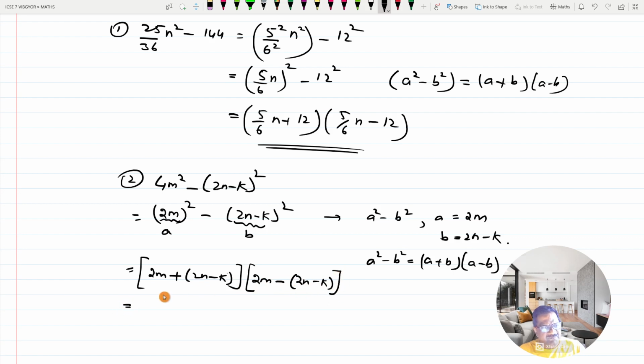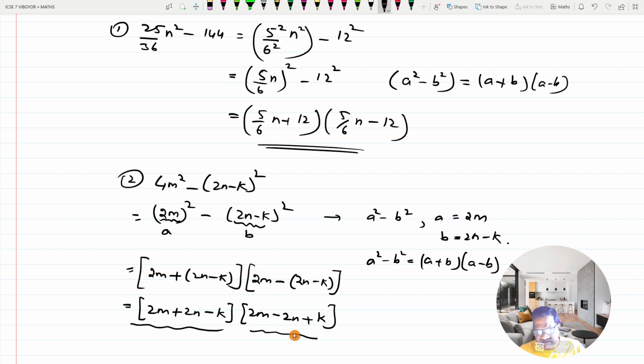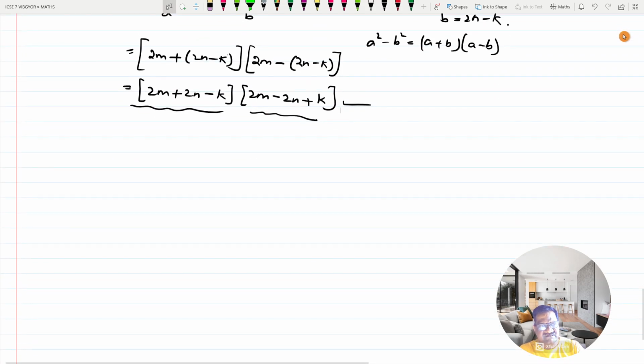Now don't stop here, because you will have to remove this bracket as well. So it will be 2m plus 2n minus k times 2m minus 2n plus k. Now this can be your answer. So your answer ultimately will be 2m plus 2n minus k times 2m minus 2n plus k. This is the final answer for your factorization.